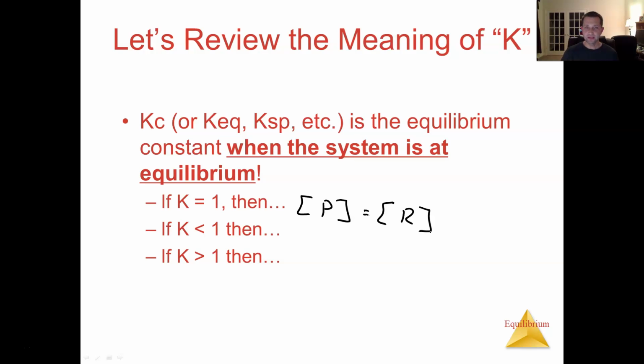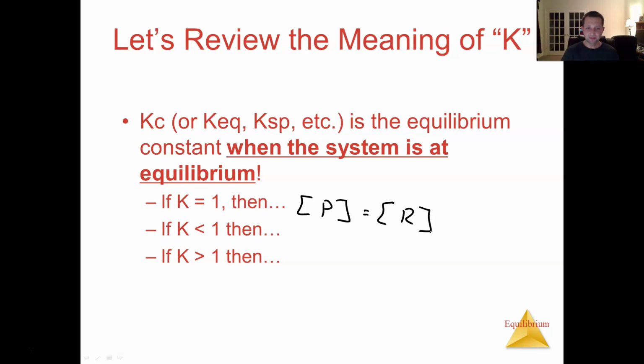It's a misconception that students think reactant and product concentrations are always the same at equilibrium, and that is false. They're very rarely the same. Remember, once we reach equilibrium, we have an equal rate of forward and reverse reaction, not equal concentration of reactant and product.